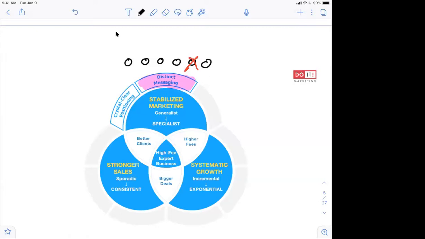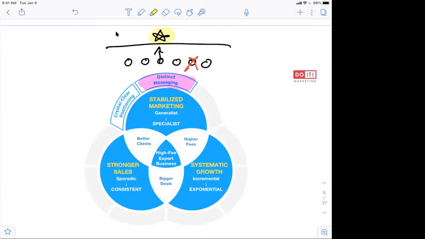The question for you on the distinct messaging is, what are you doing to elevate yourself above everyone else that says they do what you do, so that you are head and shoulders above everybody else, and you are not a replaceable cog in the machine?